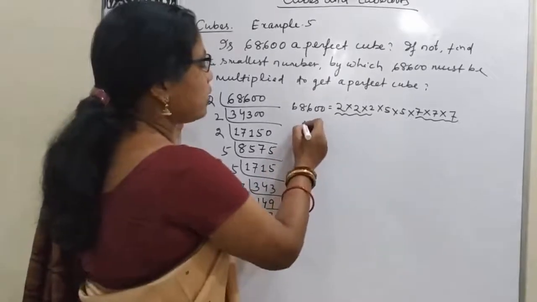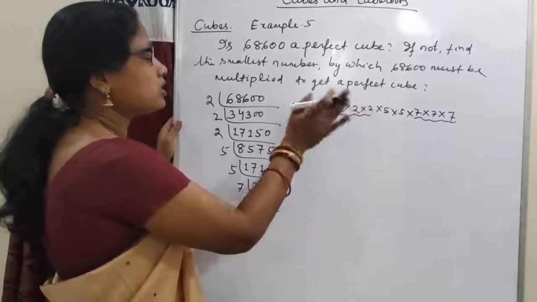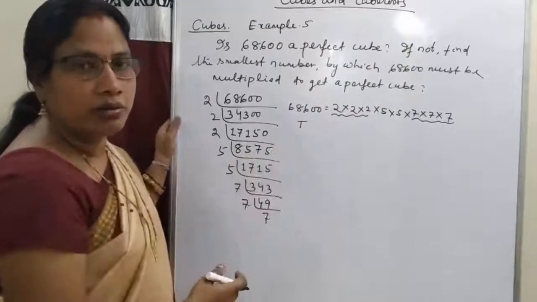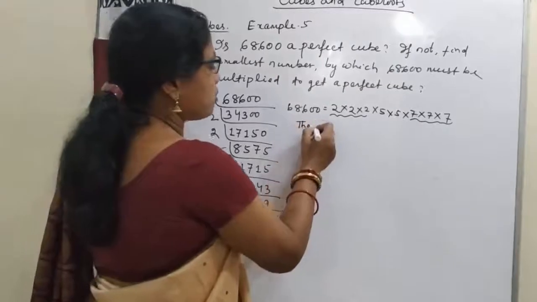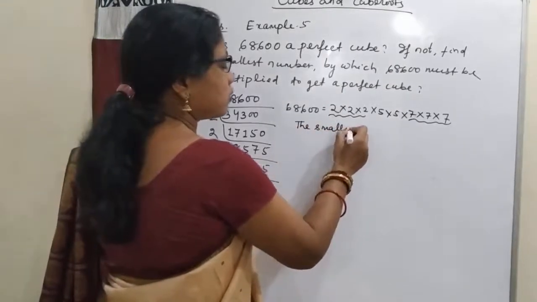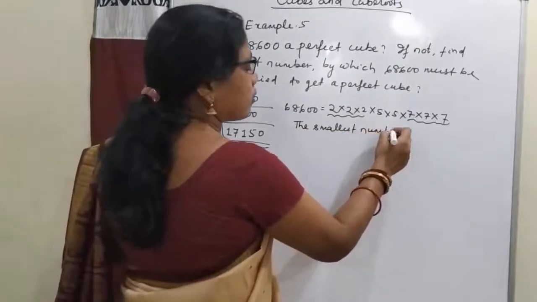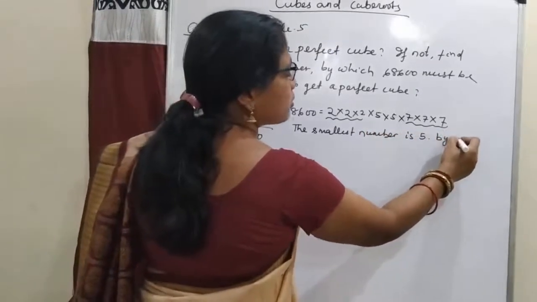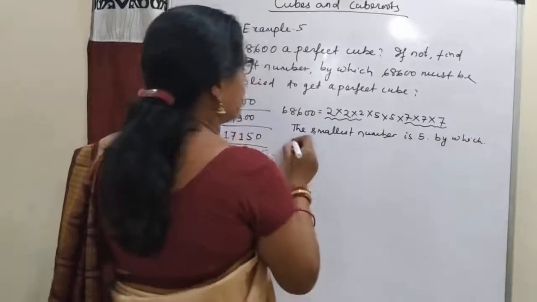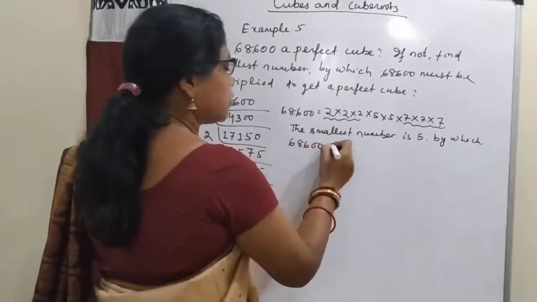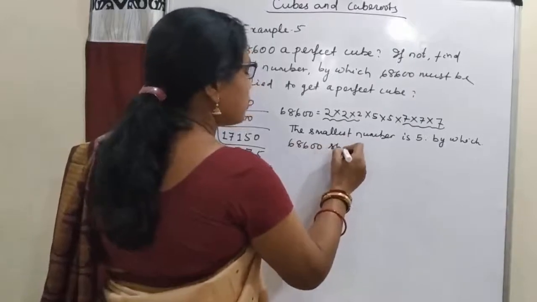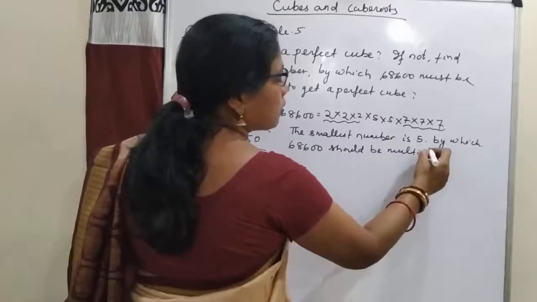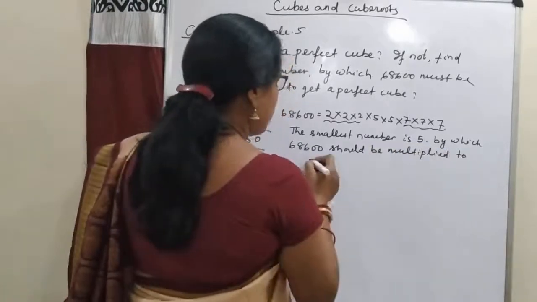So the smallest number is 5, by which if we multiply 68600, it will become a perfect cube.